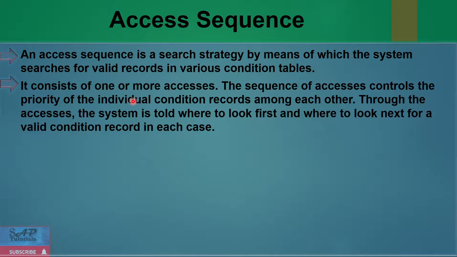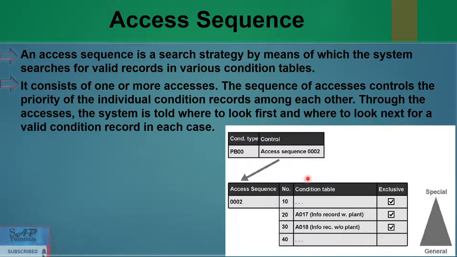Then it consists of one or more accesses. We have also seen in RA01 there were two records, one is plant and material and the other one is contract header. There might be 10 or 15 or any number of records or conditions you can maintain in an access sequence. The access sequence searches appropriate predefined keys and narrows down from specific to general pricing conditions or condition records.